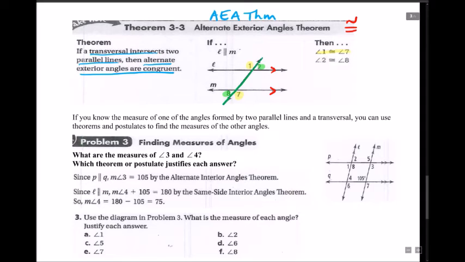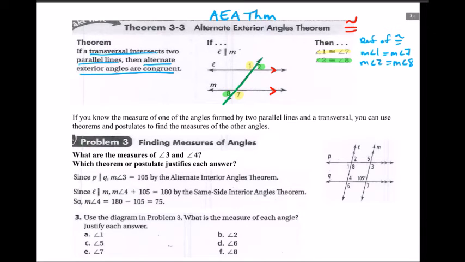Well, if 1 is congruent to 7 and 2 is congruent to 8, don't forget that we can always use the definition of congruence to say that the measure of angle 1 equals the measure of angle 7 and the measure of angle 2 equals the measure of angle 8. Don't forget that congruence and equal go together.